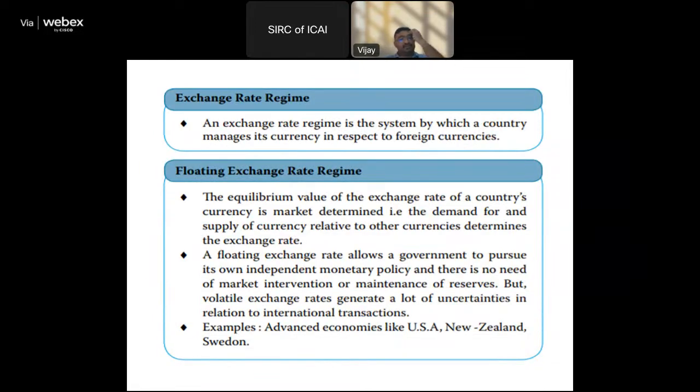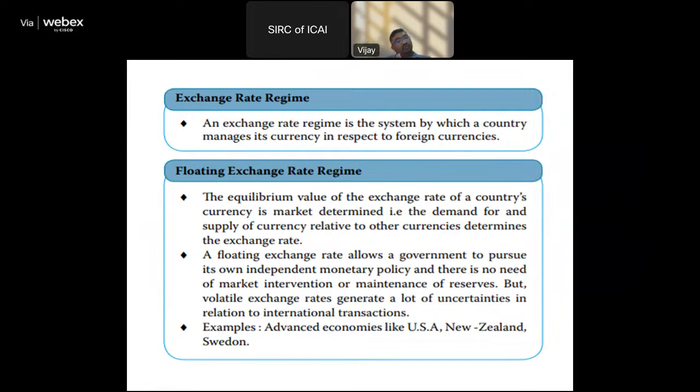Then the exchange rate regimes. In the floating exchange rate regime, the market, based on the demand and supply of foreign currency, that is the dollar, fixes the rate. That is called the floating exchange rate regime, based on demand and supply.